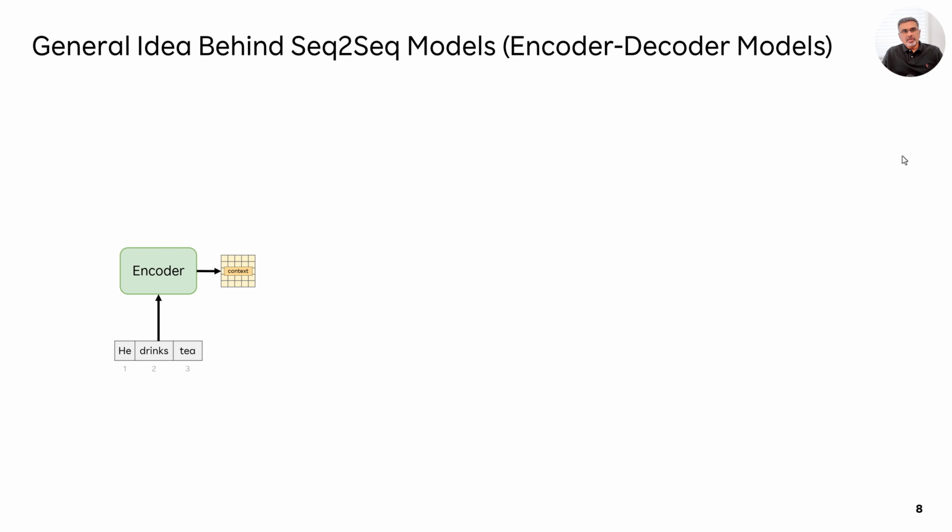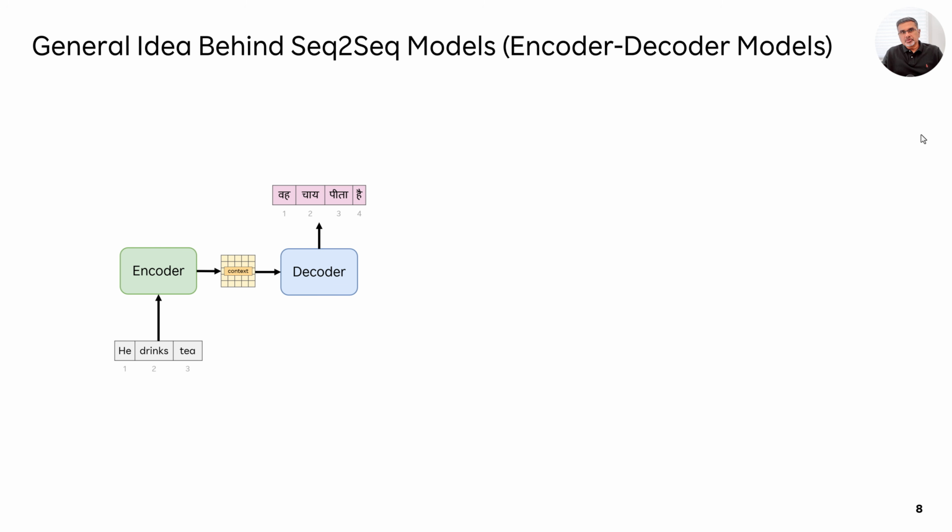Now, once you have this numeric format, you can then feed it into a different, independent neural network, which we can call a decoder. The job of a decoder is to take this essence from the source sentence and then translate or convert that into a completely different target sentence.